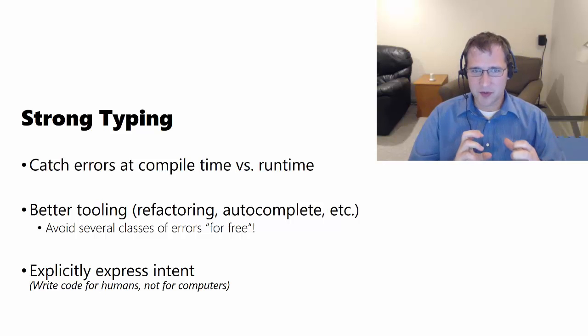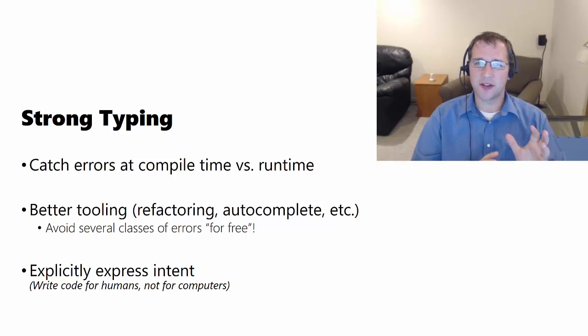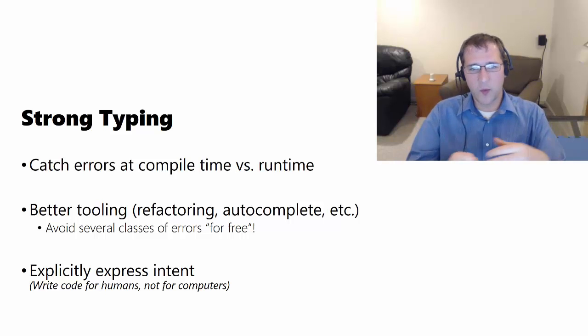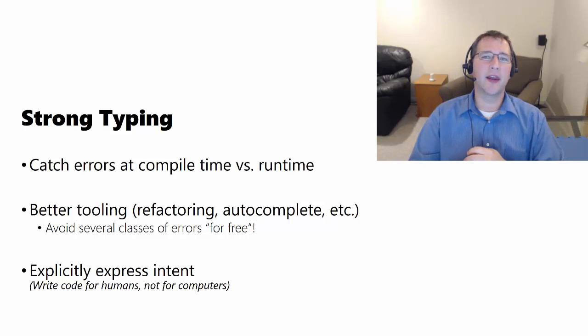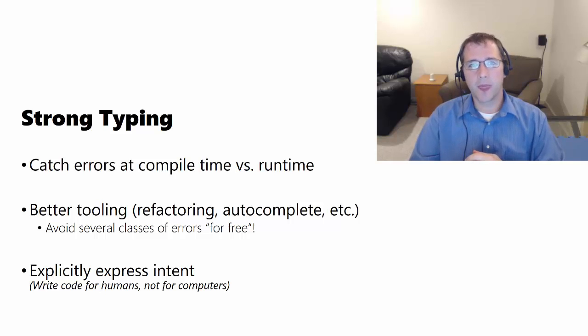By tying those methods and property names, field names, and everything to a specific type, you also get better refactoring support. So again, if I want to go back and rename a property called first name on one of my classes, on one of my types, if I do that in JavaScript, with a tool that supports refactoring JavaScript, that tool will say, okay, you want to rename the property name first name?